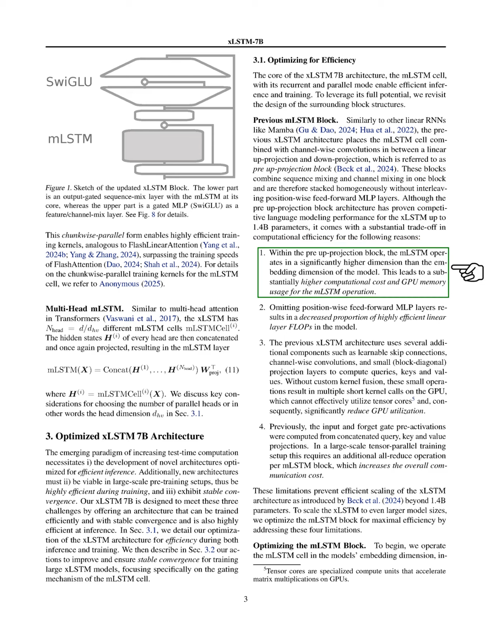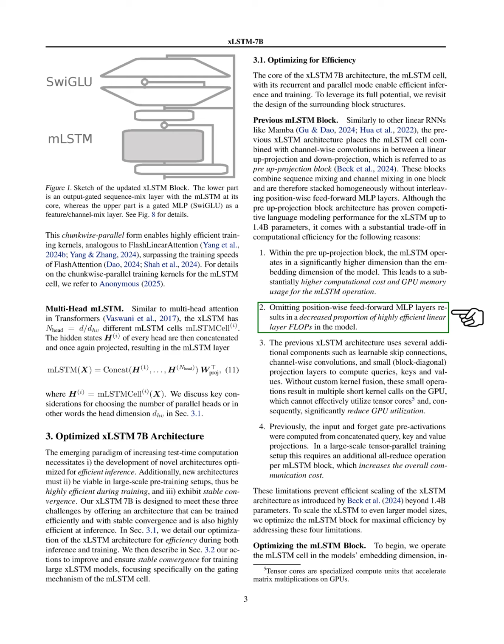This setup, while effective for language modeling, resulted in high computational costs and GPU memory usage due to operating in a higher dimension than necessary. Additionally, the absence of position-wise feed-forward layers reduced the efficiency of linear operations. The previous architecture also included extra components that led to inefficient GPU utilization and increased communication costs during large-scale training.